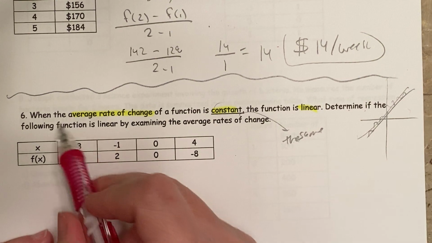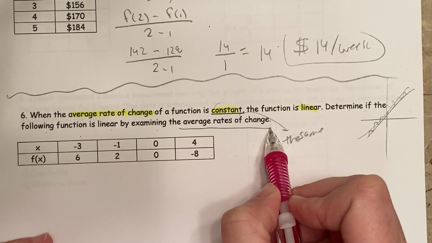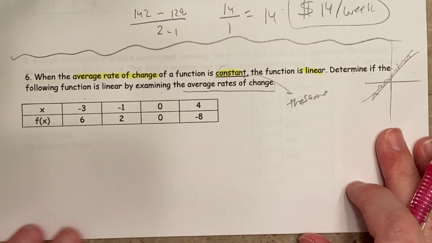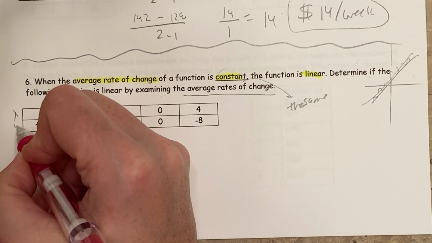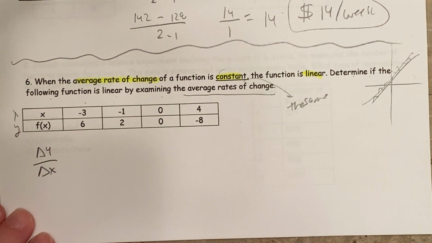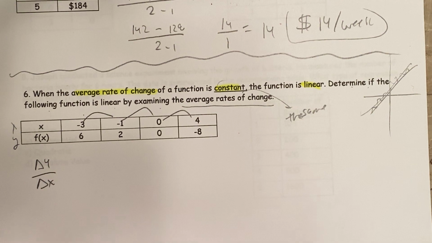Determine if the following function is linear by examining the average rates of change. This is actually something that I do with the other group, my regulars. What we do is change in y over change in x. Then I let them make little lines like this.